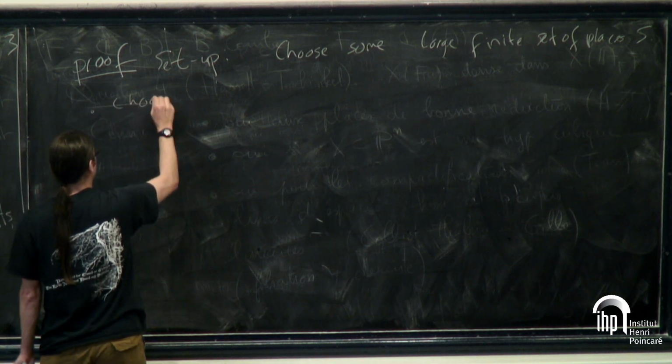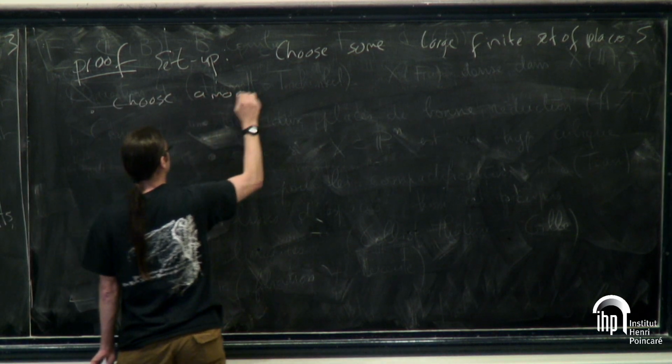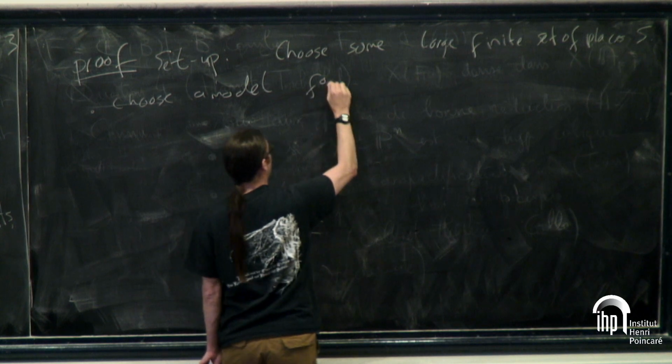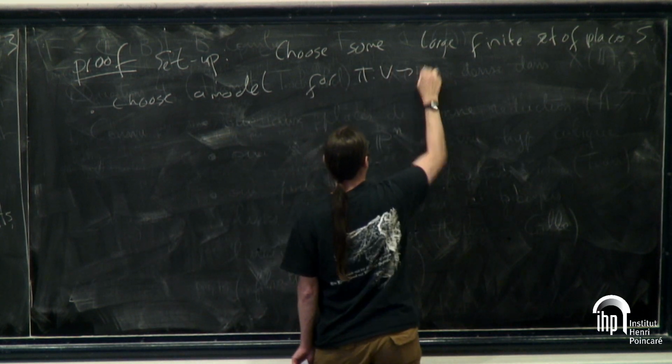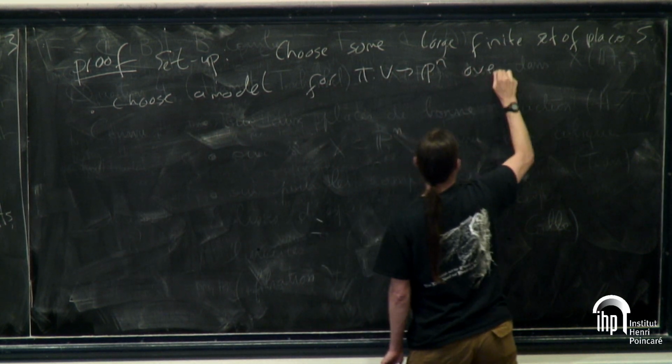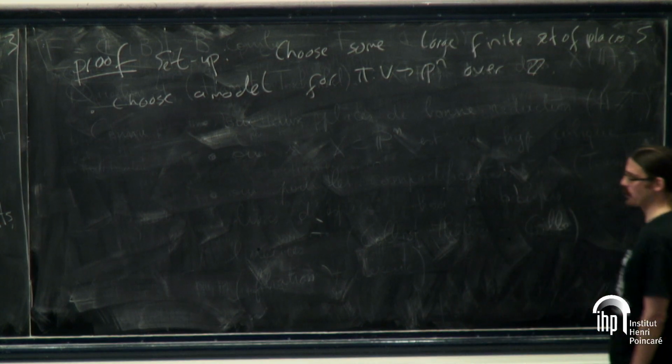I'm also going to choose a model for my morphism over Z, so I can talk about reduction modulo p.